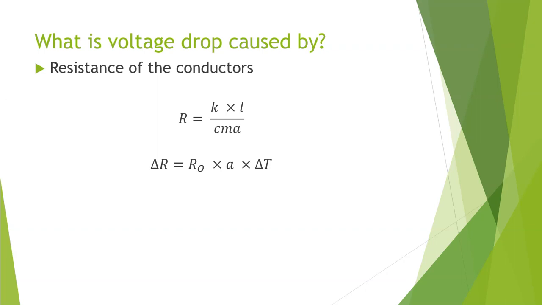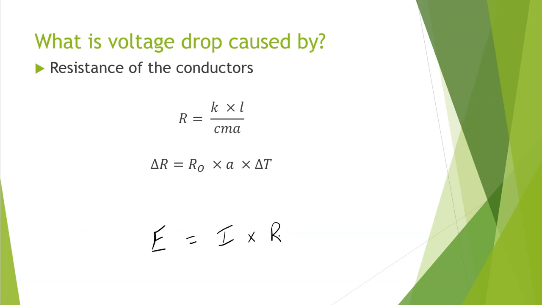So if these are the factors that impact the resistance of a circuit, then there must be an additional factor within the circuit that ultimately impacts the amount of voltage drop in the circuit. Because at the end of the day, thinking about Ohm's law, voltage is always equal to the combined interaction of the amount of current in the circuit and the amount of opposition to that current in the circuit.